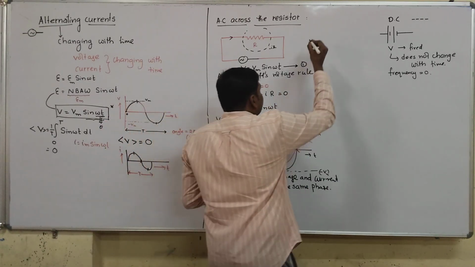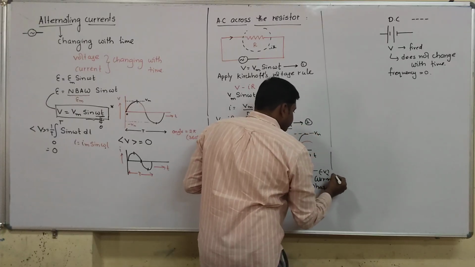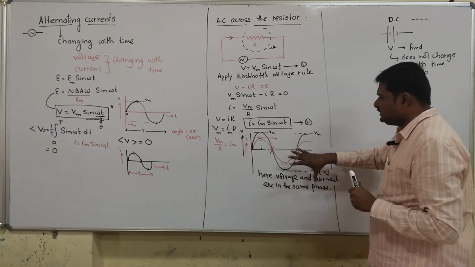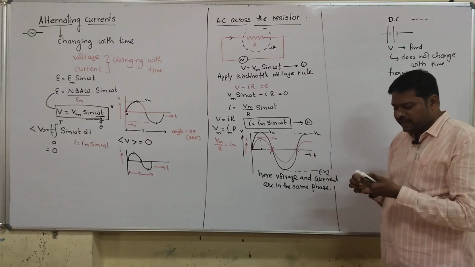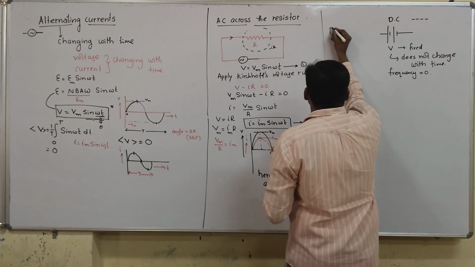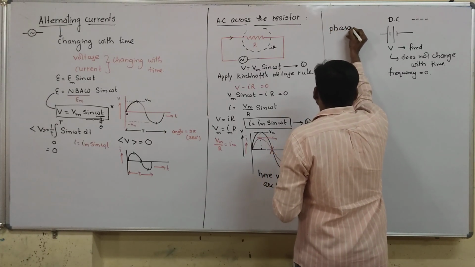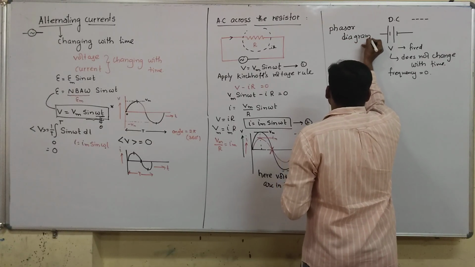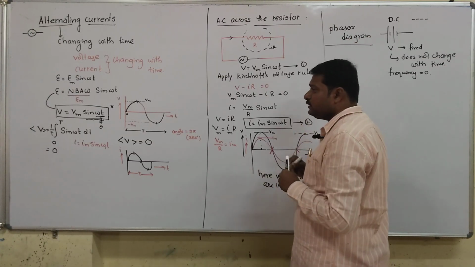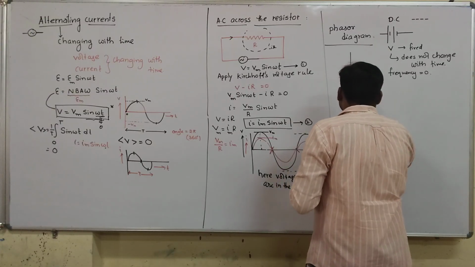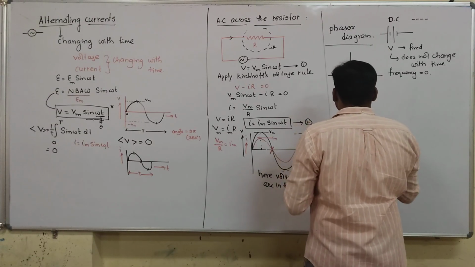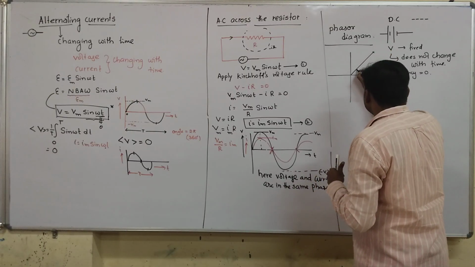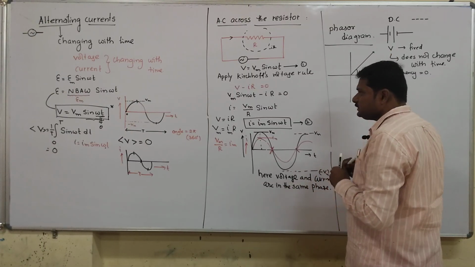Okay. Now, how is this represented with a phasor diagram? Let us choose the phasor diagram, because for the next inductor and capacitor circuits we prefer the phasor diagram to explain the phase. Let us choose first V. This is the V, making angle omega t with the x axis.